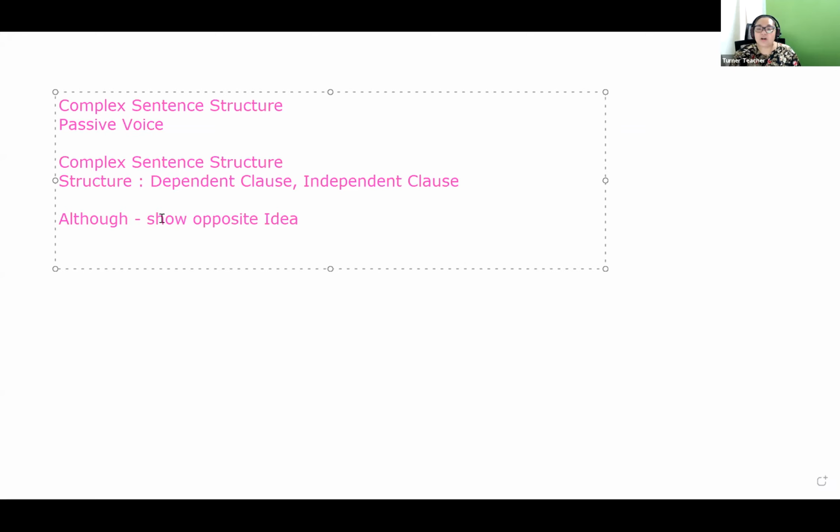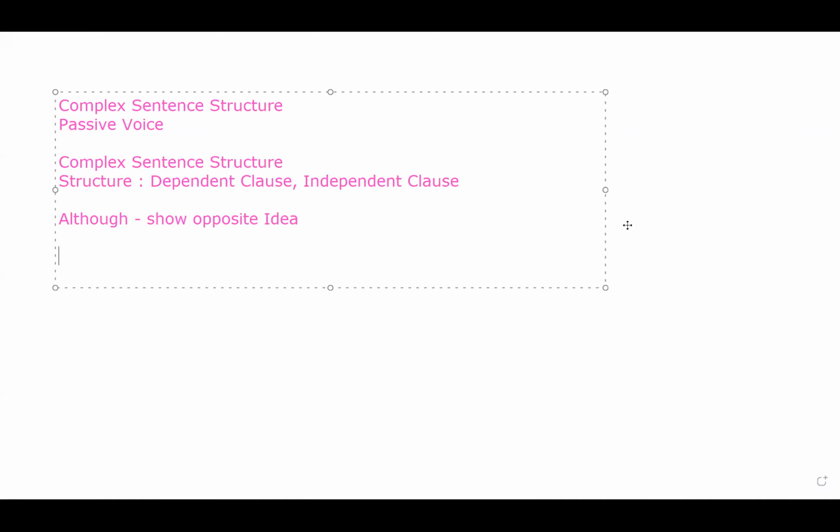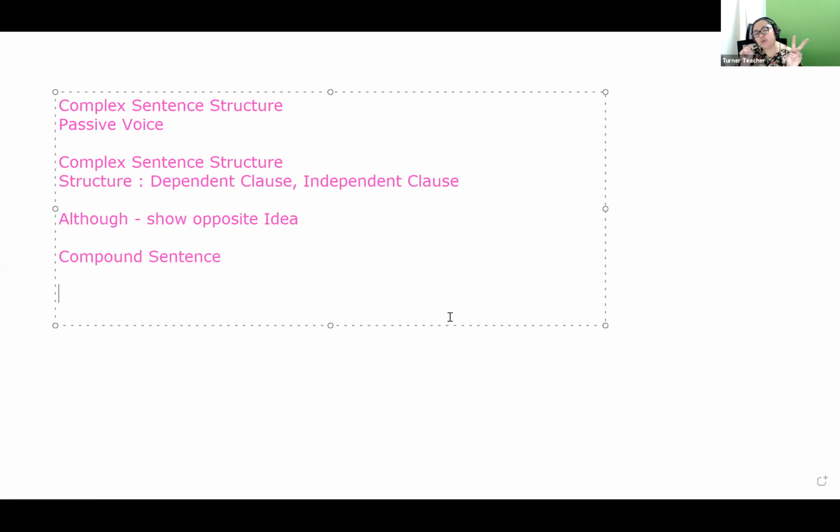Because we put our although, and because it is a complex sentence, a lot of people are getting confused with this. So what is the difference between a compound sentence and a complex sentence? A compound sentence is two independent clauses joined by a conjunction. Correct.